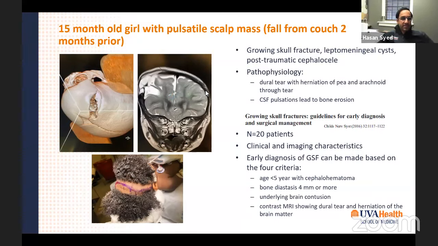The pathophysiology behind this is a dural tear, which results in herniation of the pia and the arachnoid through the tear, and the CSF pulsations lead to bone erosion. This was a great article from Child's Nervous System in 2016 that looked at growing skull fractures and guidelines for diagnosis and surgical management.